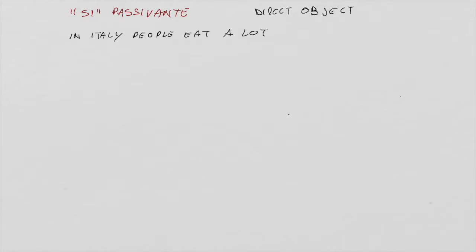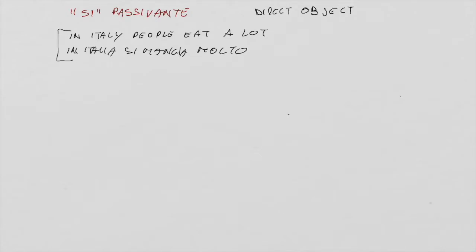In Italy, people eat a lot. You know that in this case you must use the impersonal si since you see people and you're already familiar with this construction. So in Italy, people eat a lot is in Italia si mangia molto.